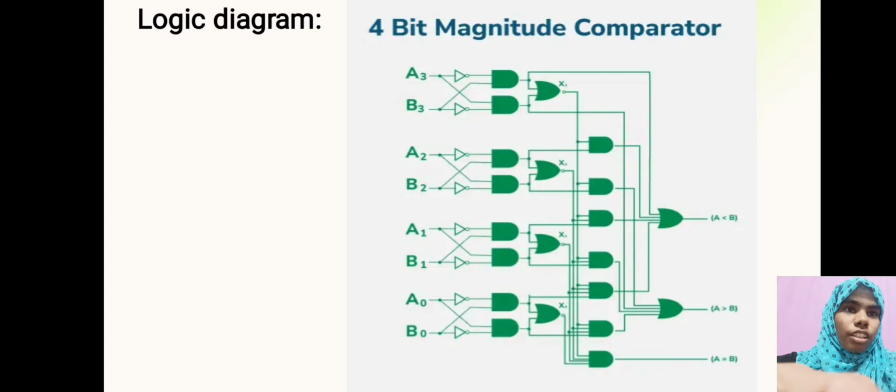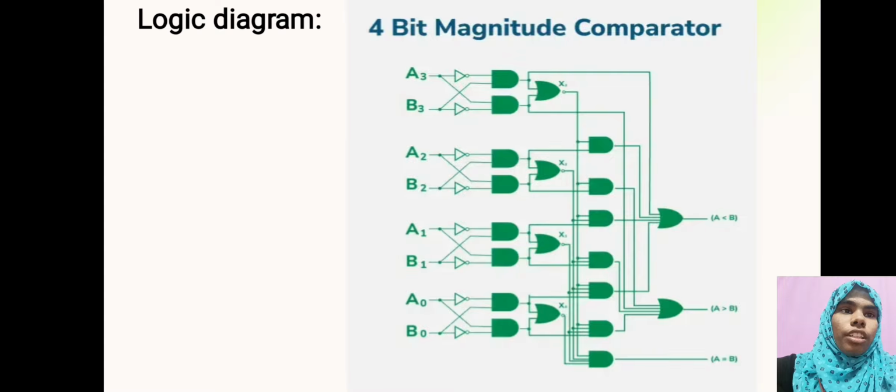This is the logic diagram of the 4-bit magnitude comparator. It is drawn from the logical expressions. We take A3, B3, A2, B2, A1, B1, A0, B0.